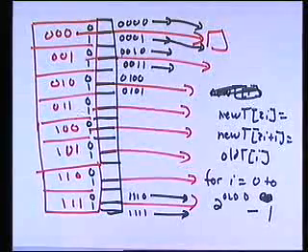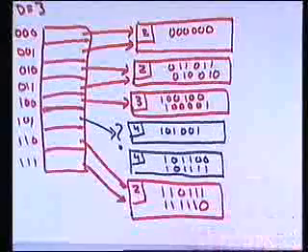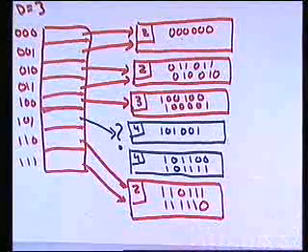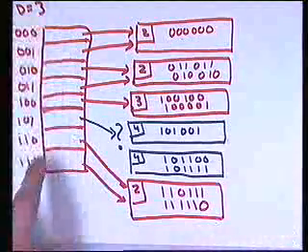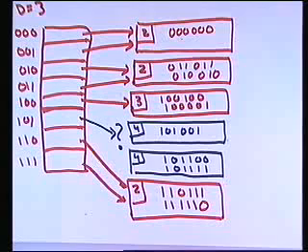And so when we split this, when we take this table and double it, whatever 101 pointed to, 1010 and 1011 will now point to that.